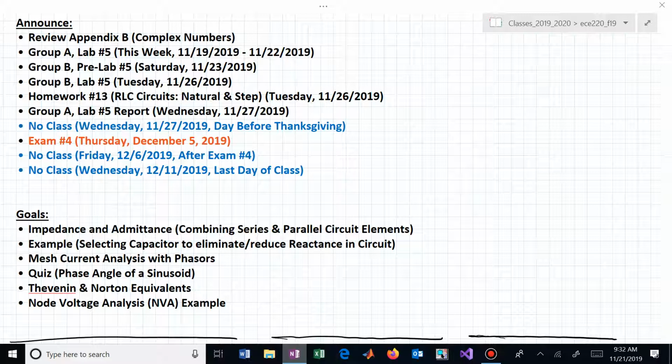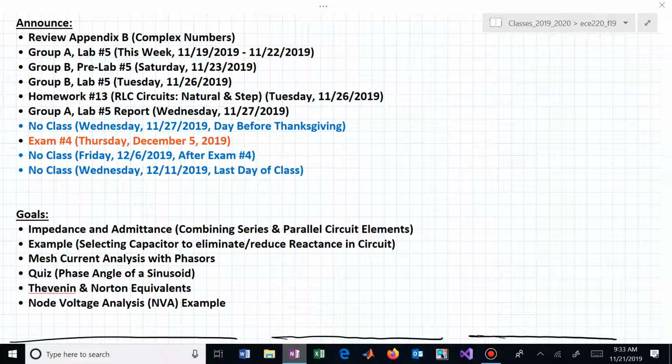Today we're going to be playing with the tools that we are now developing for manipulating complex numbers. We'll start with just a summary or a reminder of impedance and admittance, state some definitions, and then see why we might use one versus another. We'll go through an example, and this is actually an economic example in a way. It's basically a design: how can we save our company money by the selection of a capacitor.